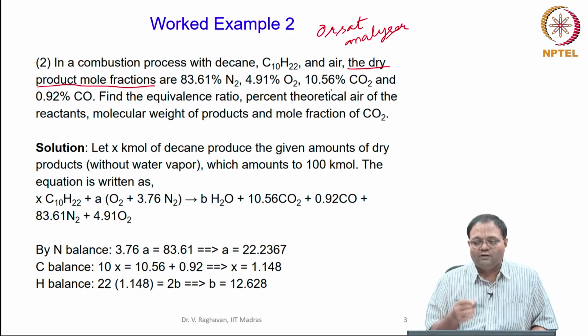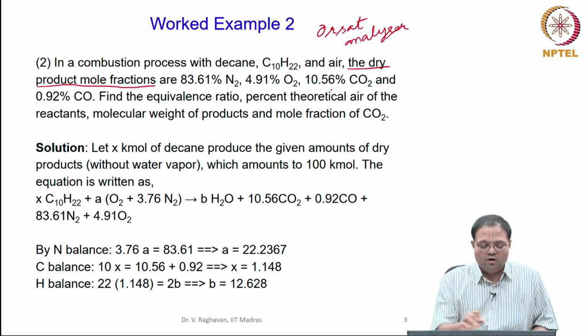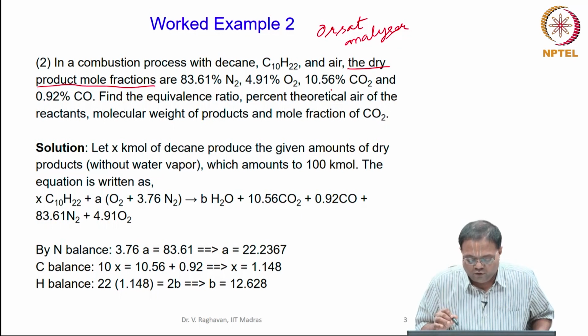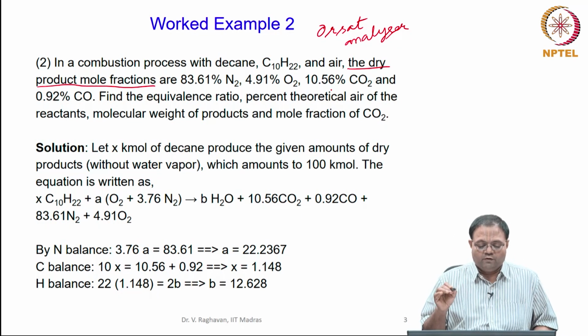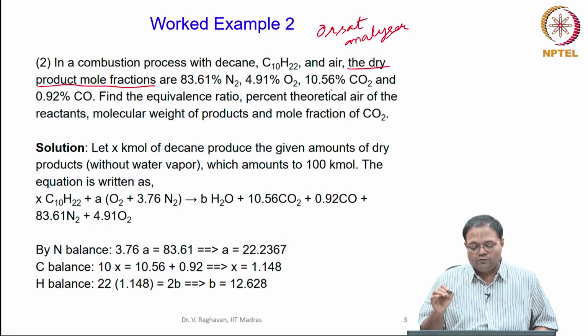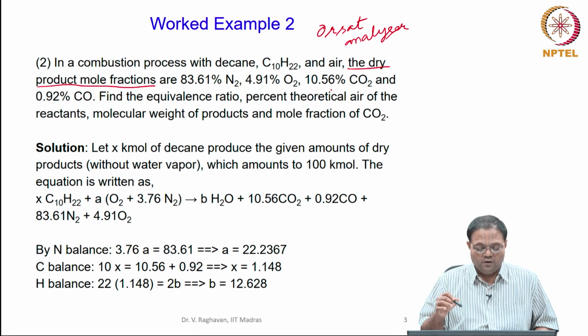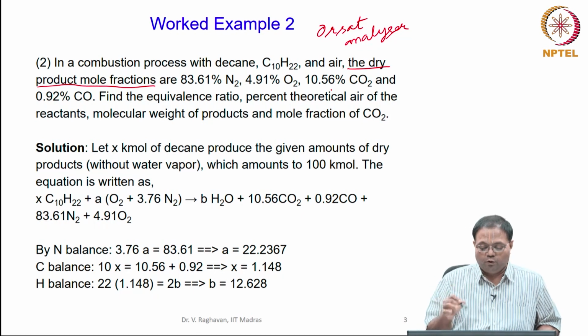The water vapor has been condensed and the liquid removed, so the composition of the other gases is presented in this list. Now what we need to find is the equivalence ratio, the percent theoretical air of the reactants, the molecular weight of the products, and the mole fraction of CO2. These are what we want.